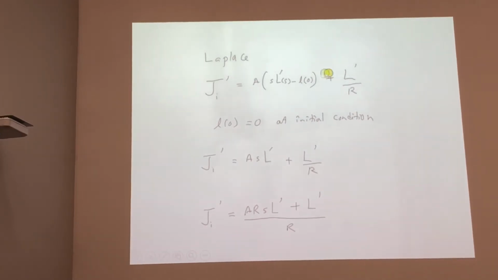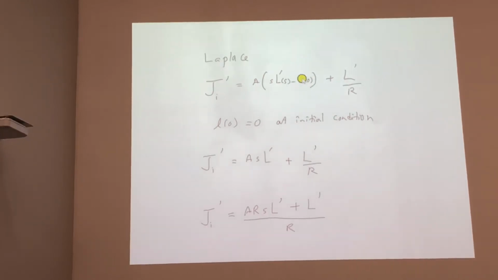So from the previous equation, you Laplace, you get this. And the steady state condition, initial steady state, so L0 is 0. So this one is always 0.